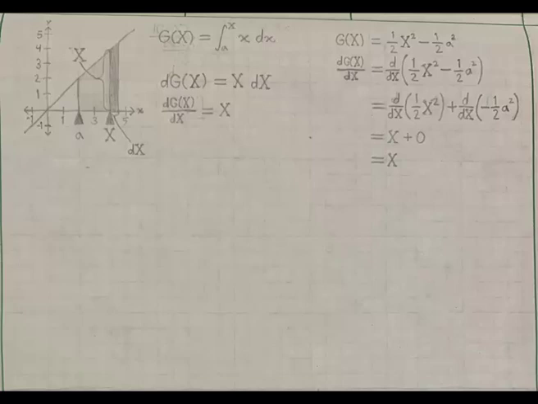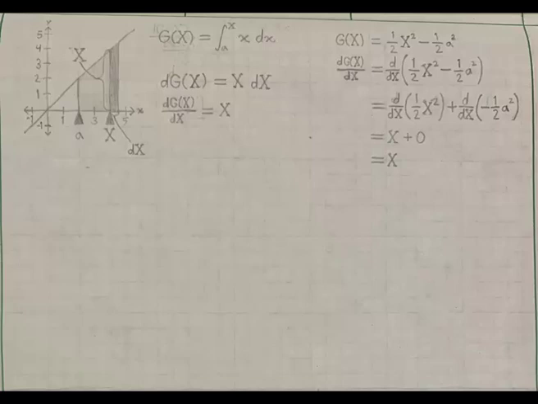With this function in mind, let's connect it back to the FTC. What if we take the derivative of big G of big X with respect to big X? Let's think about nudging big X by some tiny amount, d big X. This causes some little change to the value of the integral, d big G of big X. Geometrically, this tiny change is shown by a little sliver.